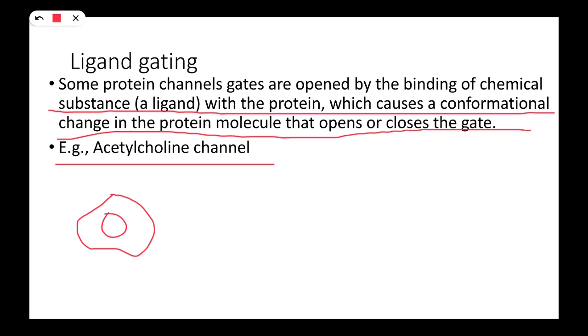If I make a neuron here, this part will have many acetylcholine channels, and it would release acetylcholine into the synapse, and the next cell will have an acetylcholine receptor.